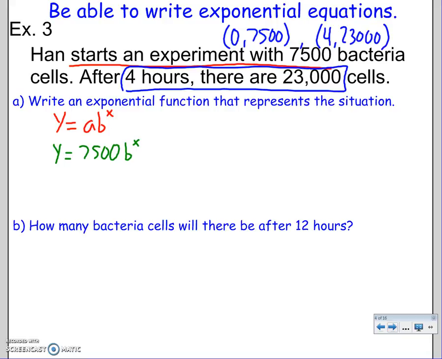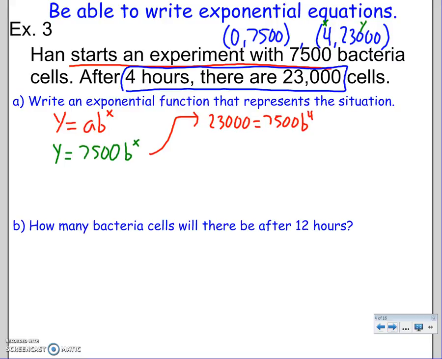So you see how that 23,000 is our new x and y? We can plug that in. So y is 23,000, which equals 7,500 times b to the x power, and x is 4.